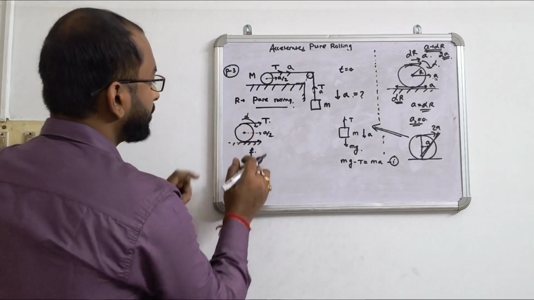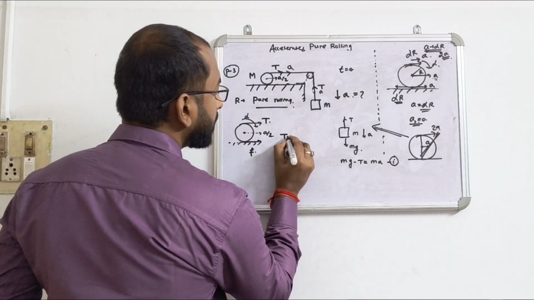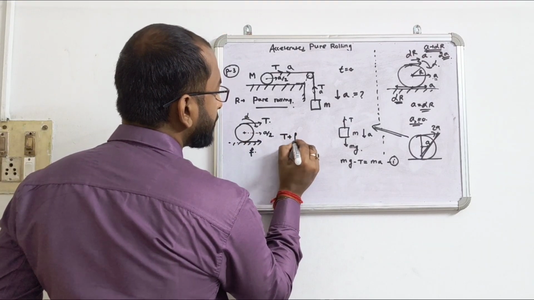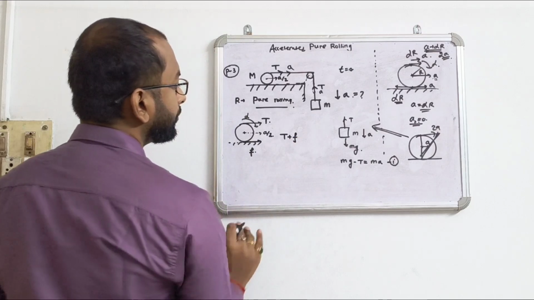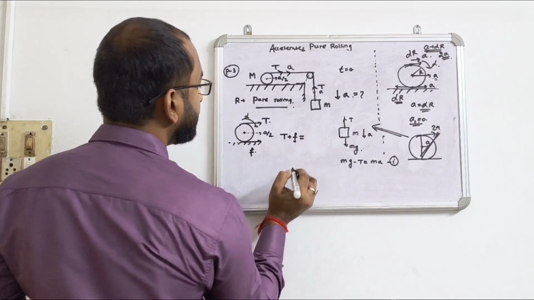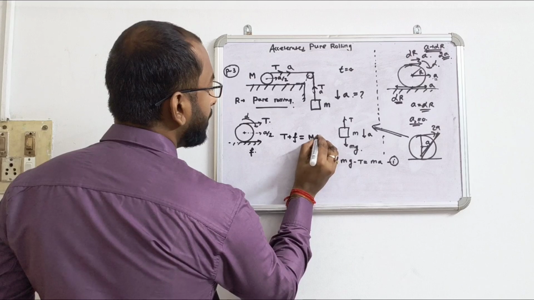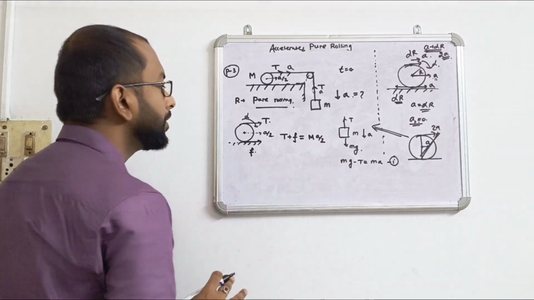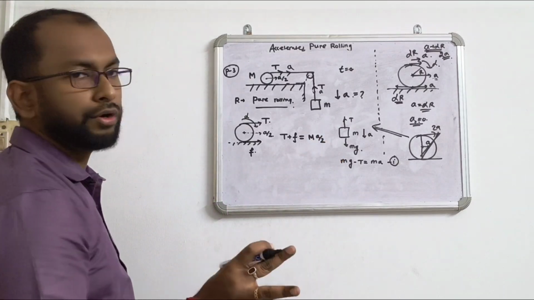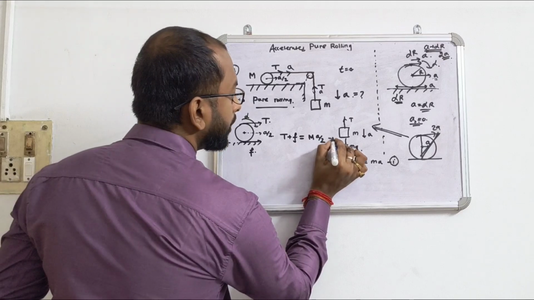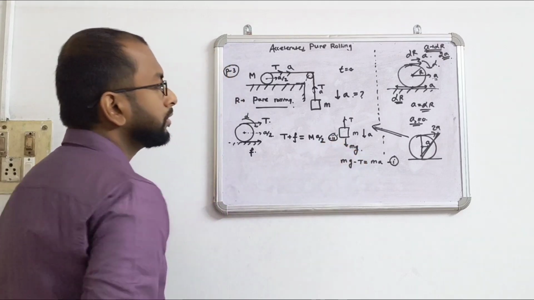The second equation is for this body. We will write that T plus F is becoming capital M into A by 2, which is moving with acceleration A by 2 in the forward direction. That is our second equation.